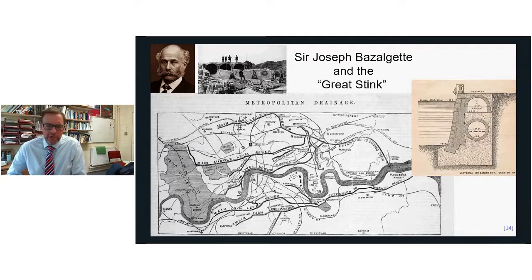I then reflected on how this had happened previously in the Victorian era, and an engineer called Joseph Bazalgette came along. At that time it wasn't CSO spills, it was just the foul drainage system discharging directly into the River Thames. He intercepted these pipes and conveyed them downstream.